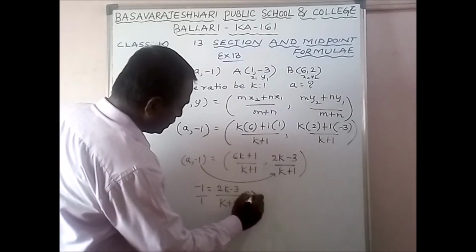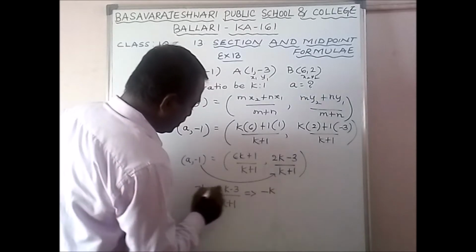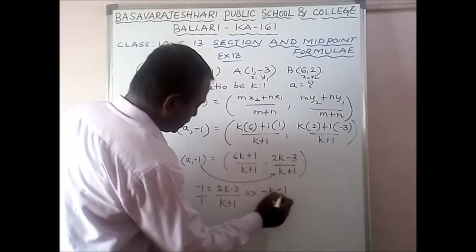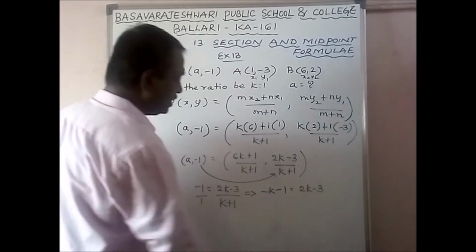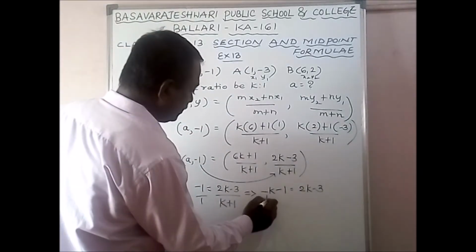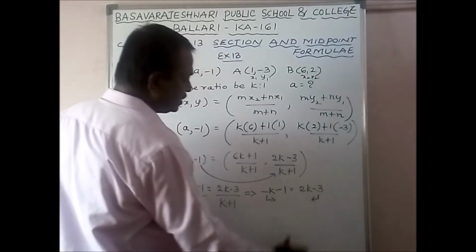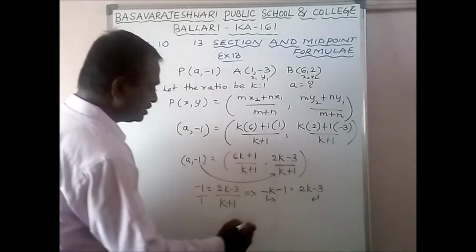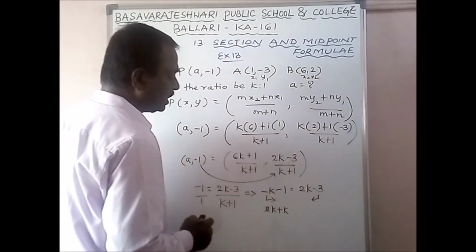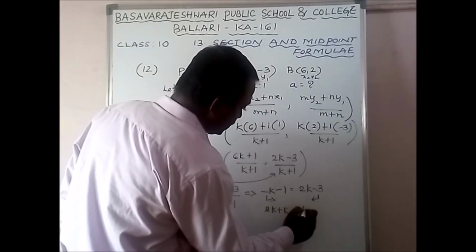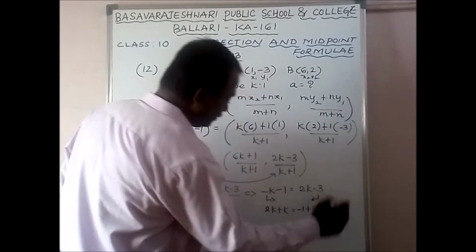This implies cross multiplication: -1 into k is -k, minus into plus, -1, is equal to 2k - 3. So k I will send towards the RHS, -3 towards the LHS. So 2k, it becomes plus k if it goes to the RHS, minus 1, and if -3 comes to the LHS it becomes plus 3, that is equal to 2.